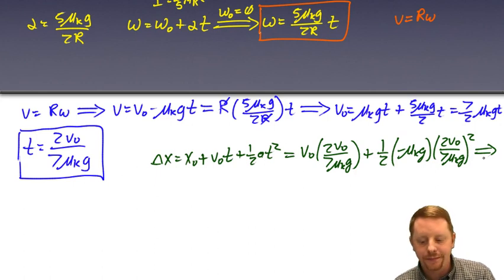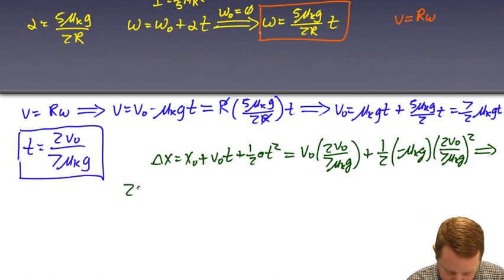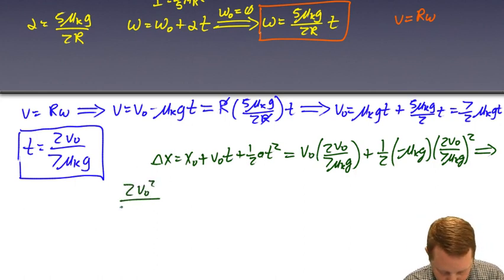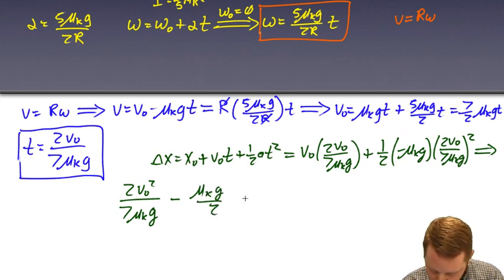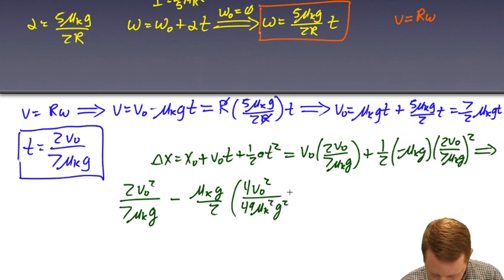Should be okay here. I would take my next step now and say that over here, 2v0 squared over 7 mu k g minus mu k g over 2 times, well, now we have 4v0 squared over 7 times 7, 49, mu k squared g squared.